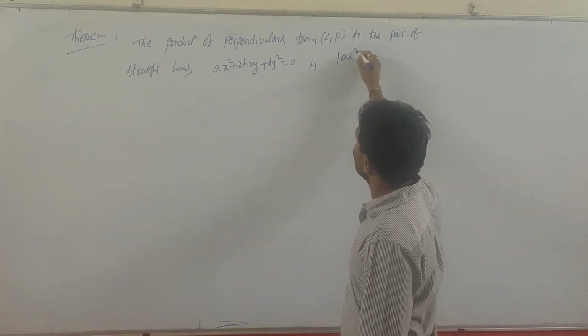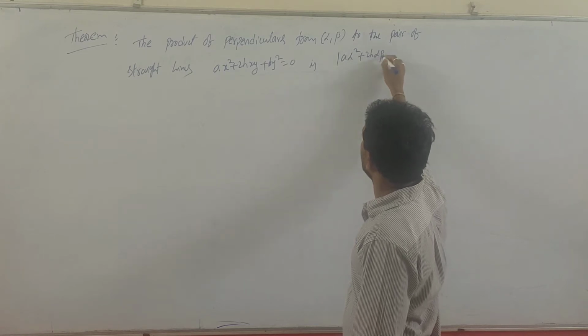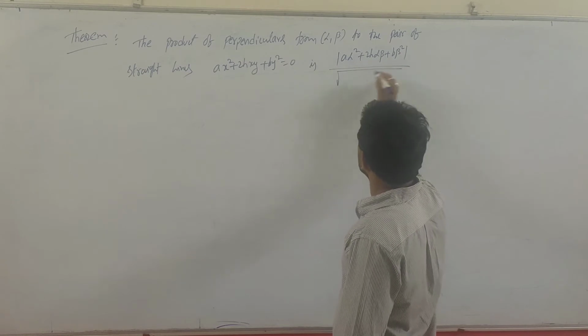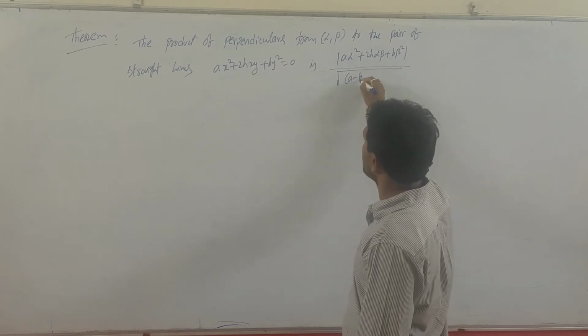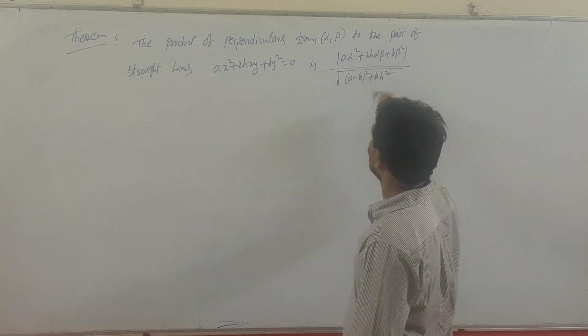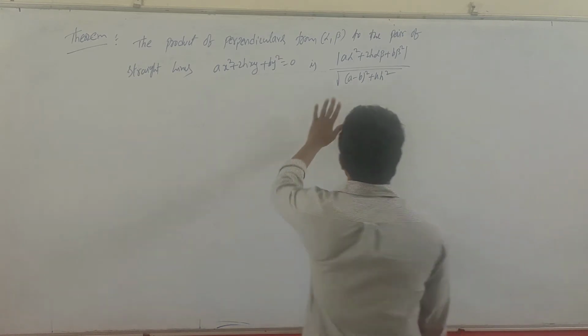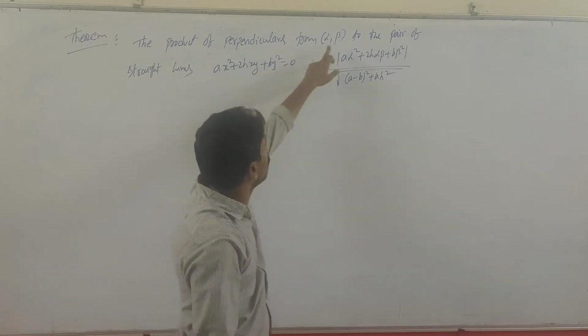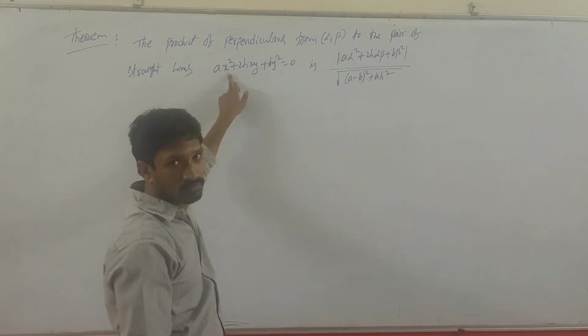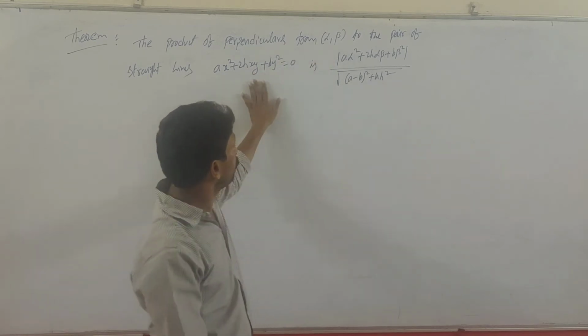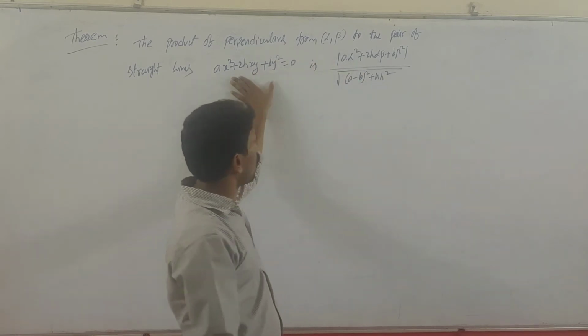modulus of (a alpha² + 2h alpha beta + b beta²) by square root of ((a − b)² + 4h²). This is the formula. The numerator is nothing but replacing x, y by alpha, beta, and the numerator is the same, this one modulus.